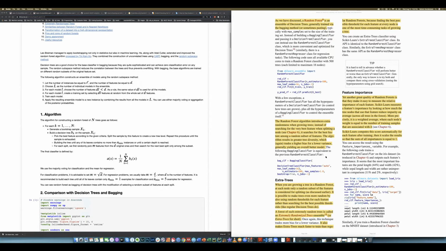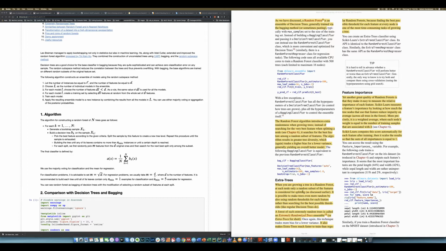Okay, so we can proceed further if no one else has any other comments or thoughts. So the extra trees or extremely randomized trees are an extension of the random forest idea, where instead of just splitting on a random subset of features, you also choose random thresholds on which you do the split.